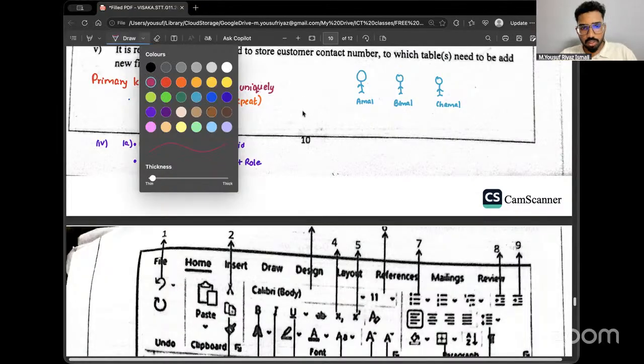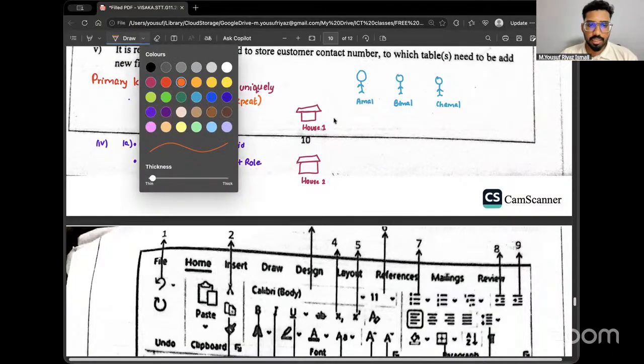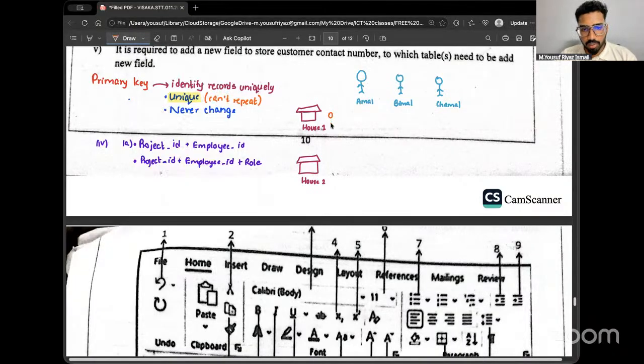So for example, let's say I have two houses. I will call this house one, and this house two. So there are three laborers and two houses. Let's say Amal is working in house one as a painter.